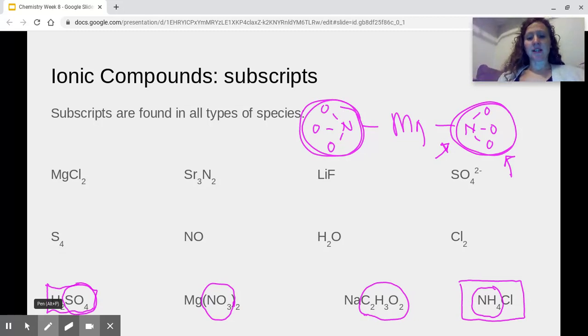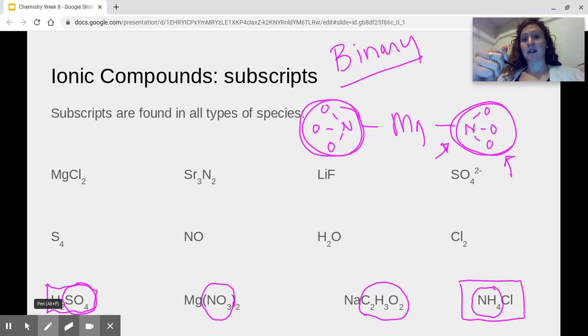Another thing you'll notice on this chart is that all of these things are binary. And these are the only things I'm going to ask you to make, balance, and name: binary compounds. Bi means two. So they're going to have at most two ions present. And that's true for all of these that we just talked about. Sulfate is paired with the hydrogen ion.